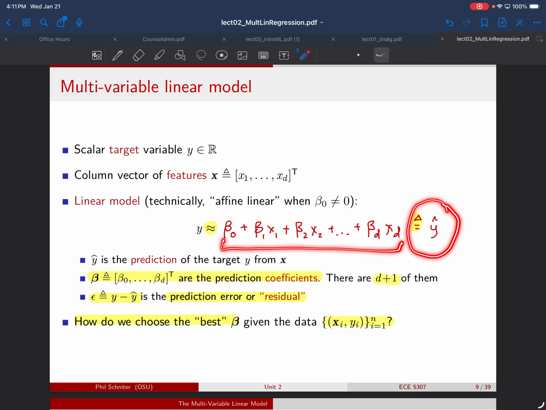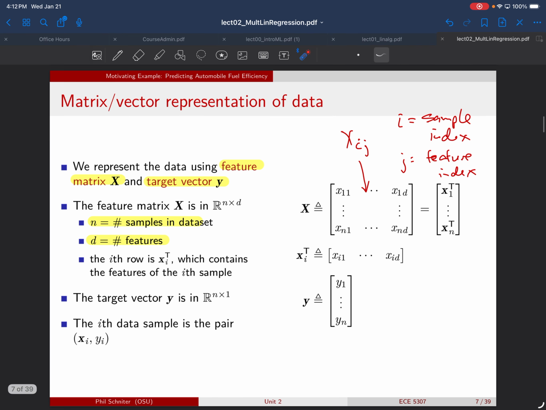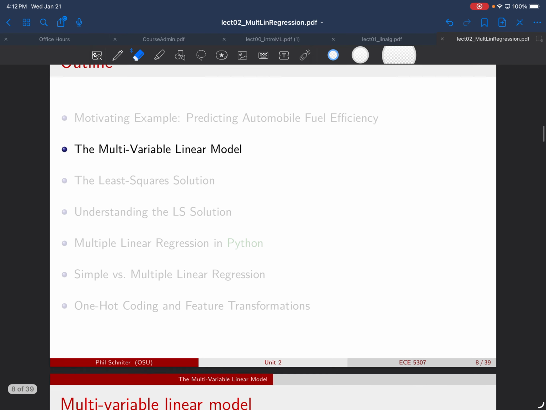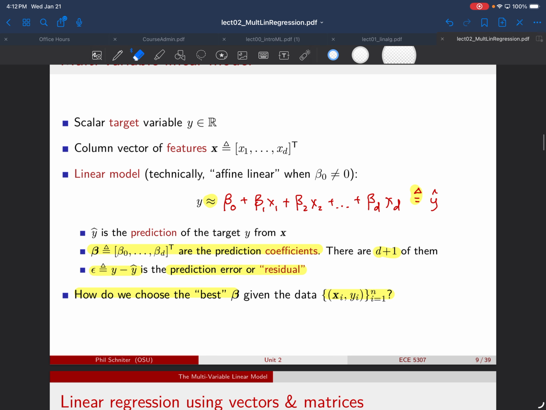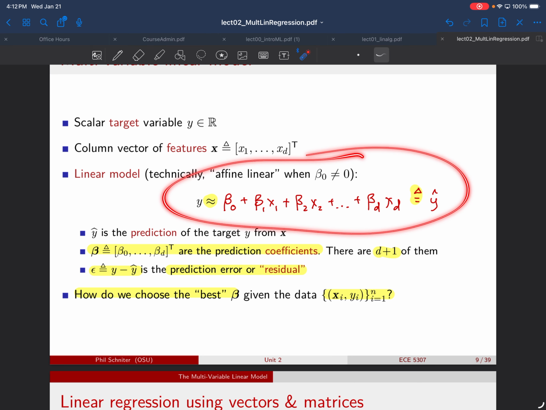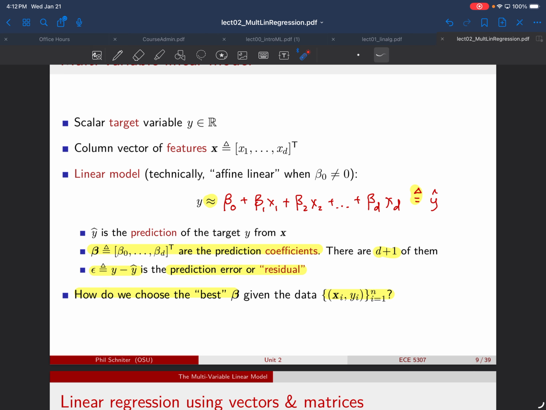This is y hat, which is our prediction of this y. And here we're not using any i indices. We use i indices whenever we want to talk about the ith feature in our data set. Here, there's no i indices. This is a general expression that could hold for some unseen features that are not part of the training data that we see out in the wild later when we're applying this.